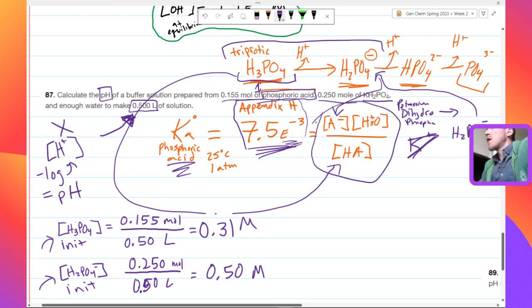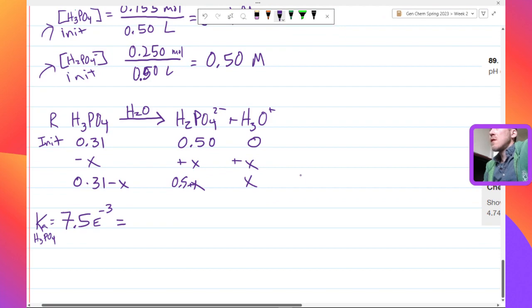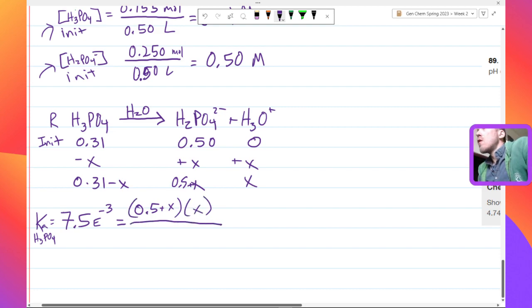It's always the same. There's the expression. So conjugate base times hydronium over weak acid. And we're going to basically take this, multiply both sides by that. We're going to distribute this through that.